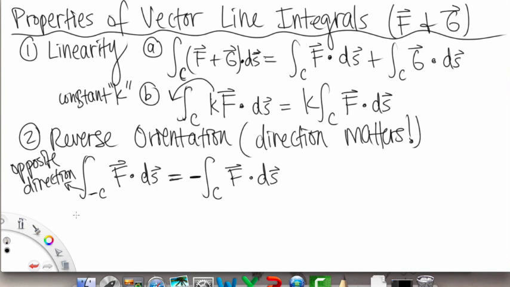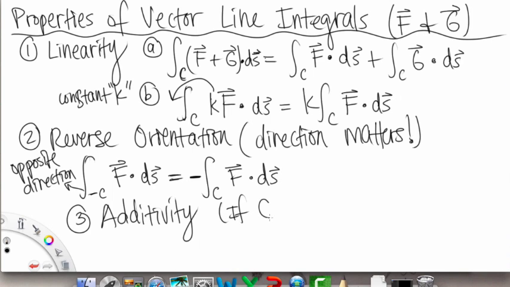Okay? And the last one is called additivity. This is basically saying if C is made of smaller curves. Remember we started with those when we were doing scalar line integrals, with the Riemann sums and the tiny curve thing.